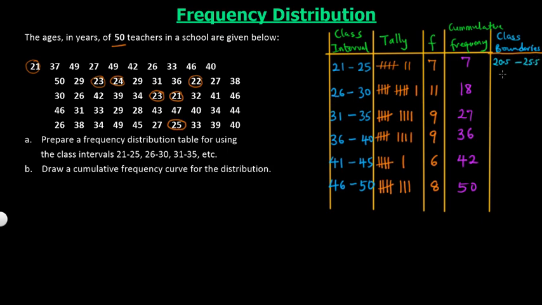So this one will be the start of the next one, 25.5 to 30.5. 30.5 to 35.5. 35.5 to 40.5. 40.5 to 45.5. 45.5 to 50.5.